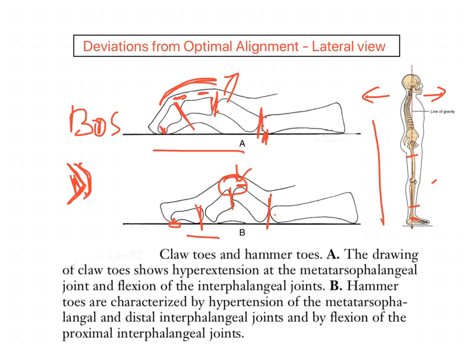The flexor muscles are stretched over the metatarsophalangeal joints and are going to shorten here. Okay, and also shorten over the proximal interphalangeal joints. The extensor muscles are shortened over the metatarsophalangeal joints. At this point, because it is hyperextended, the extensor muscles are shortened over the metatarsophalangeal joint, and the extensor muscles are stretched over the proximal interphalangeal joints.